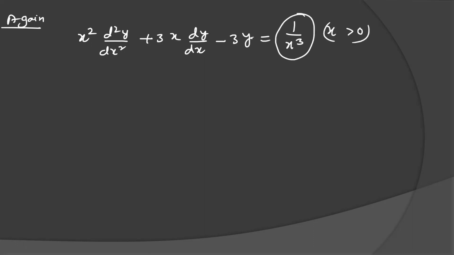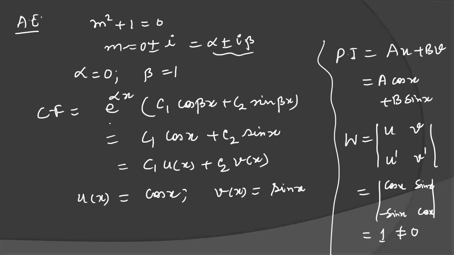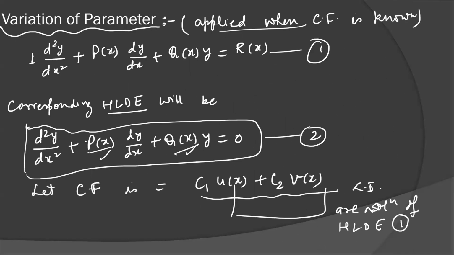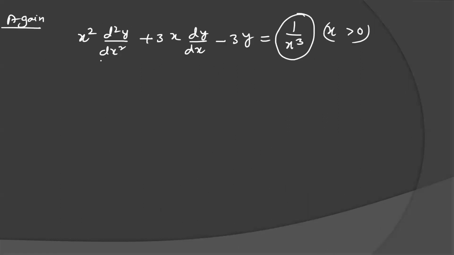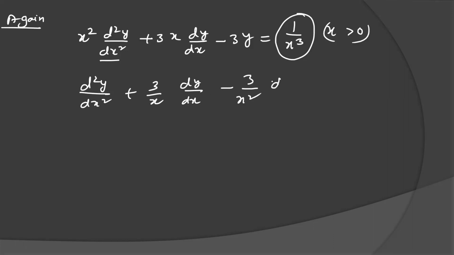That is wrong, because for finding the value of r, you have to make the coefficient of d2y by dx2 equal to 1. So for making the coefficient of d2y by dx2 equal to 1, we have to divide by x square on both sides. So your d2y by dx2 plus 3 over x dy by dx minus 3 over x square y equal to 1 upon x to the power 5.